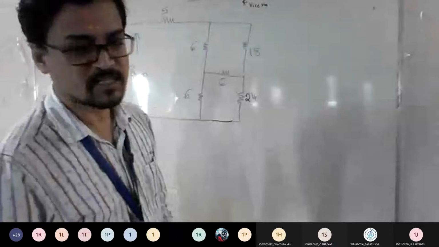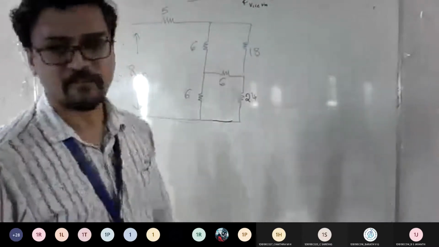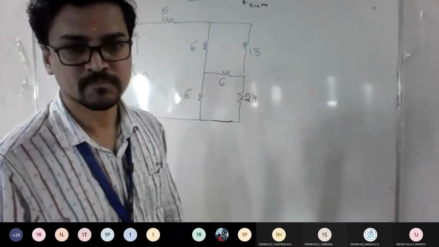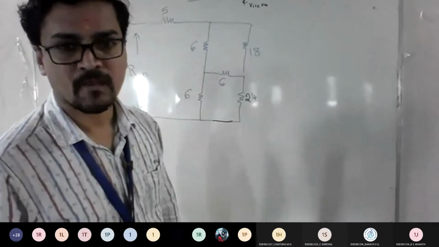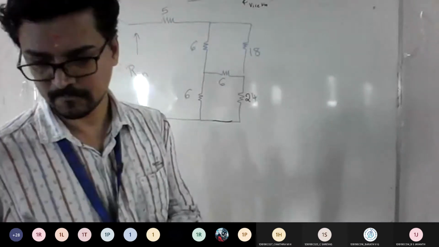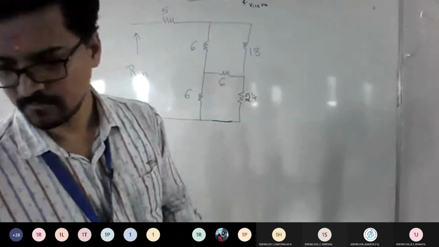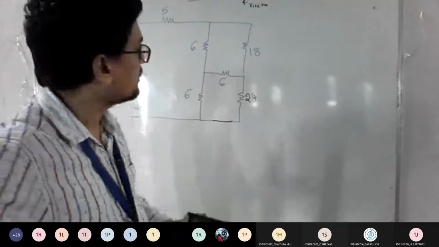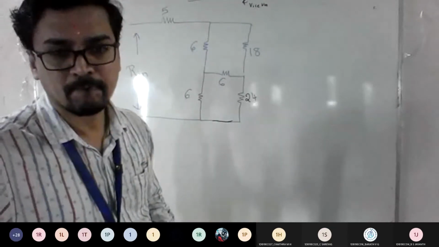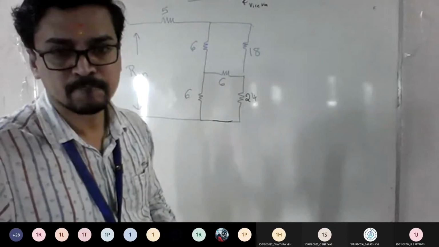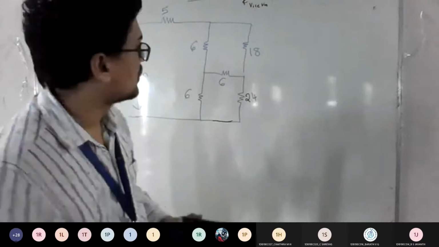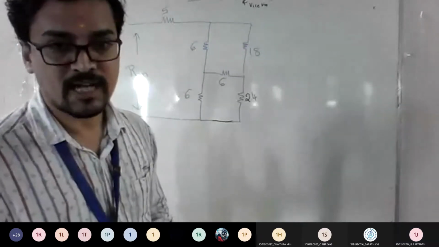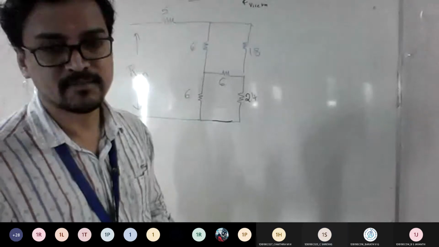So now tell me, which form do you need to apply here? Delta to star or star to delta? Which one will you apply?